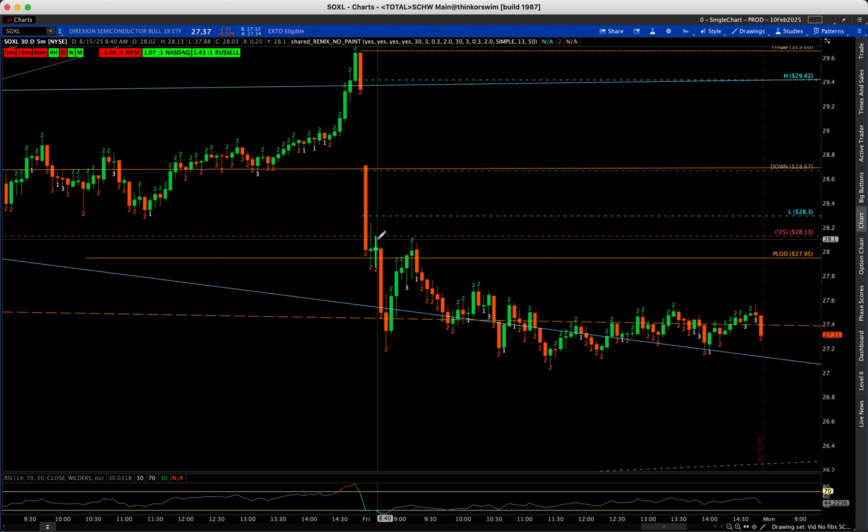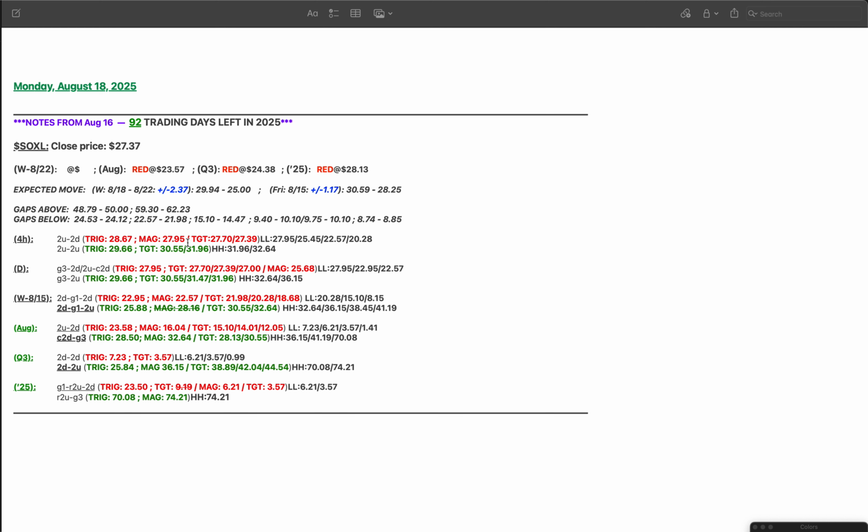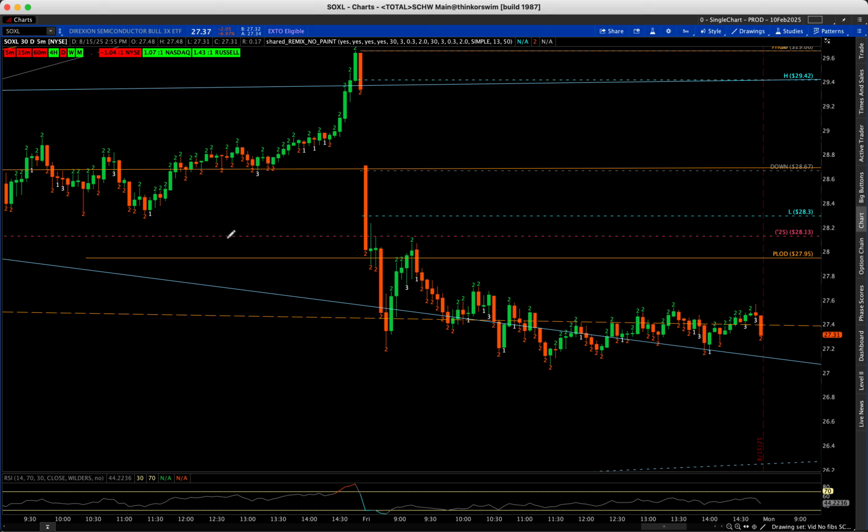You've got high delta if you're at the money, or not even have to be at the money, because that's one of the advantages of trading SOXL. But you've got a high delta, and you get in, get out if you want. Or you could get out of half of them and stay in for the extended target, or first extended target being 27.70. So 27.70 is about here, right?